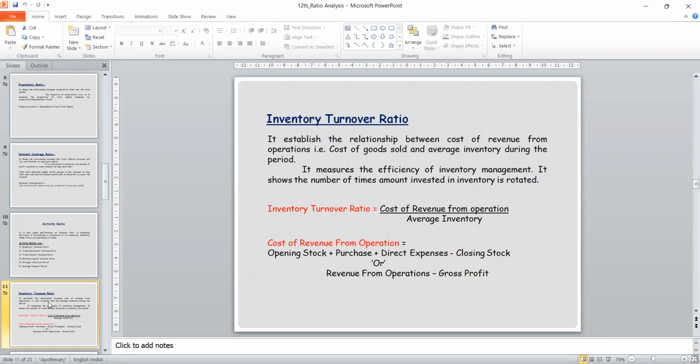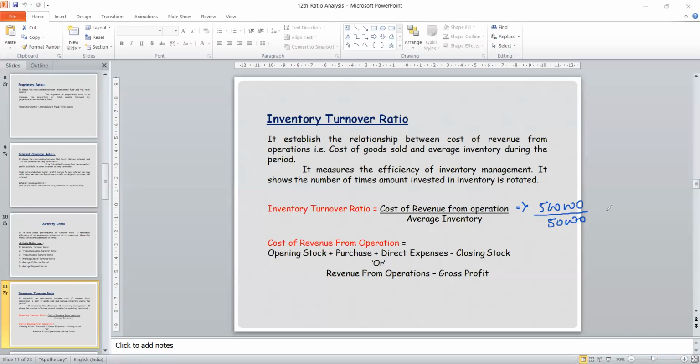Like you can see here, we are taking cost of revenue from operation, meaning during the year how much amount we have invested in producing the goods. Let's say we have invested 5 lakh rupees, and at the end there is inventory of 50,000. It is at the end, but we assume that it is the average inventory maintained by the company.